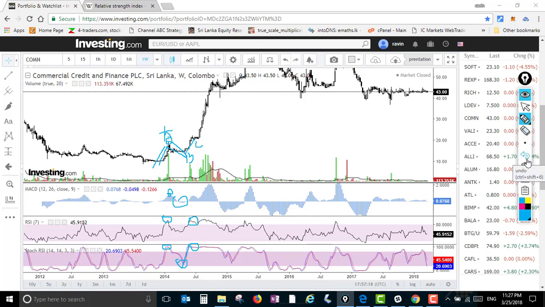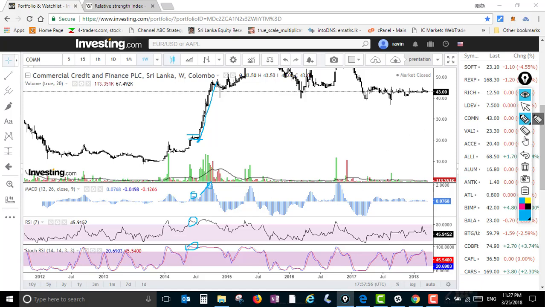So we are only looking at MACD and stochastic RSI for when the continuation happens. This time it is in the oversold area, so we are not going to sell because MACD is not giving us anything. It is not telling us this price is going to reverse. By looking at the price action, it is a flat channel, so we can re-enter at the bottom of that channel. It gives us the next big move. So it is still not giving us the reversal.